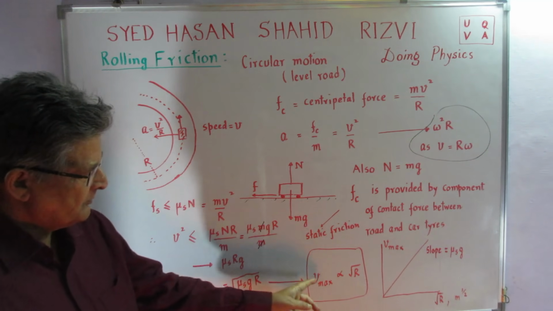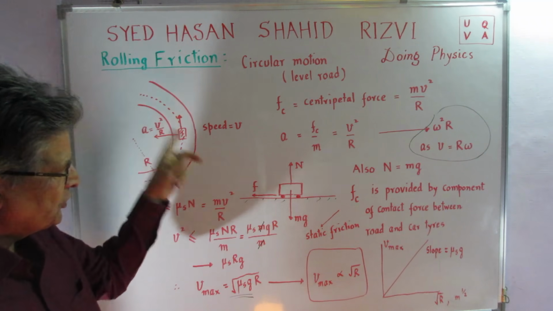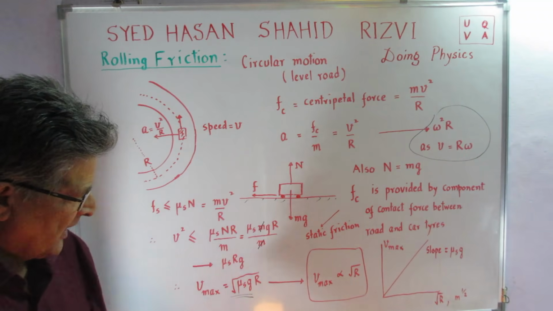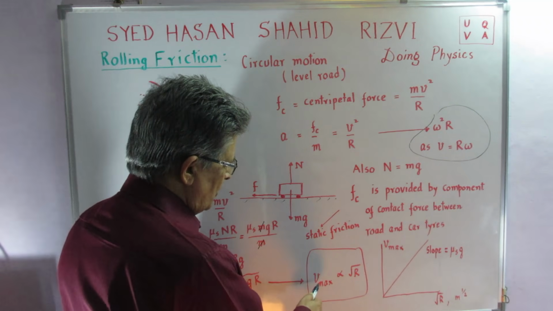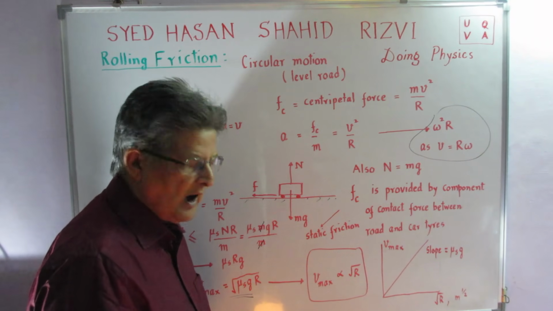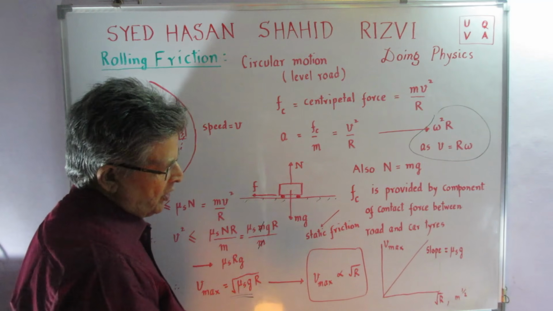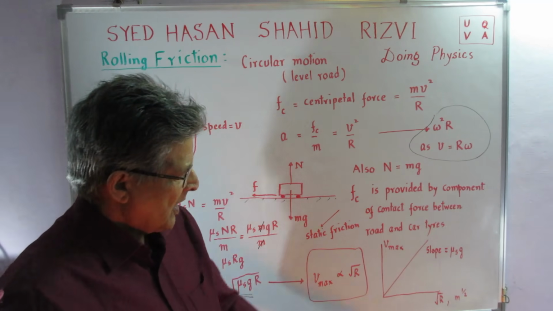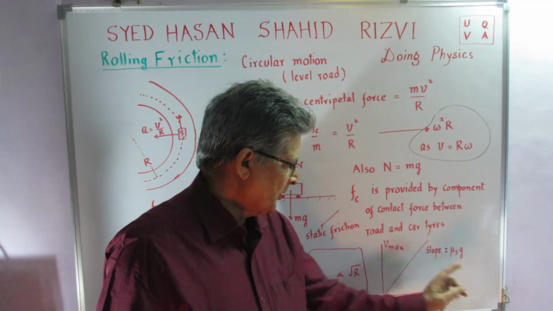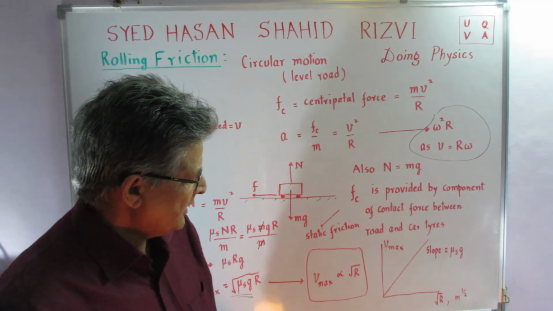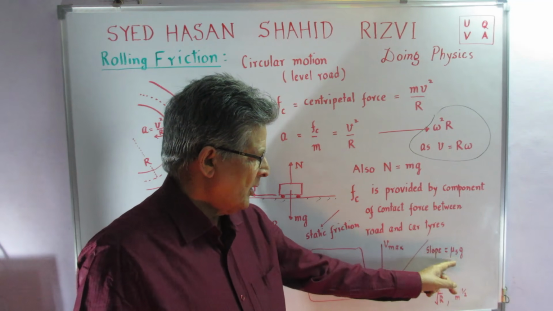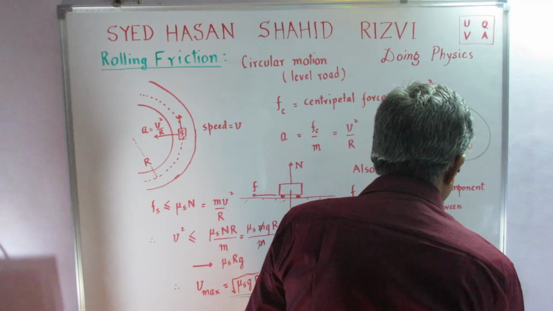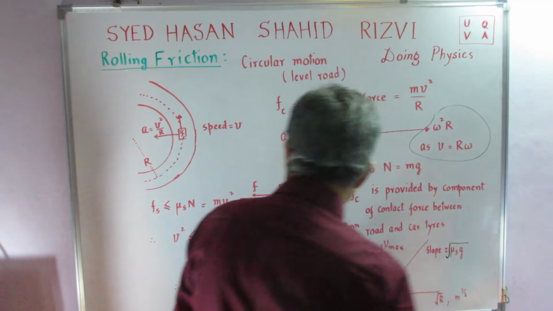So from here we can write that the maximum velocity that I can achieve for the vehicle on this road, for the given conditions of the tire and the road, which define the frictional forces, is proportional to R to the power half, or square root of R. And so if I plot the square root of the radius of curvature, in meter to the power half, against velocity maximum in meter per second, then we get a slope, and for a given mu s this slope is equal to the square root of mu s into g, which I get here.